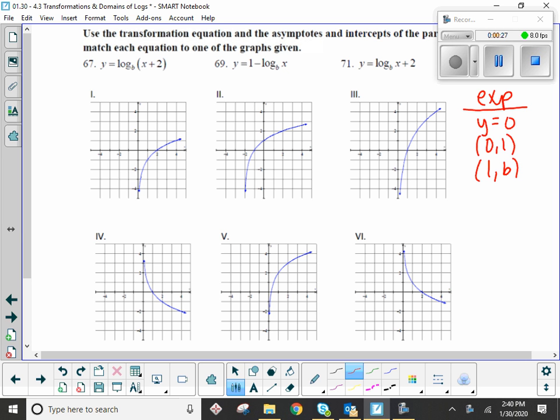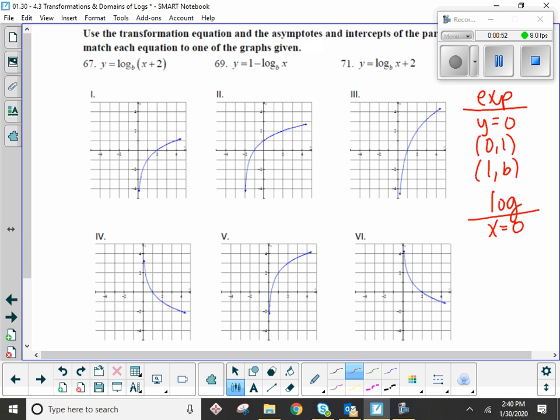And then I introduced log graphs, and I said logs and exponentials were what of each other? Inverses, right? Opposites. And so that means you take the x and y and you flip them. So for log, instead of an asymptote at y equals 0, where's the asymptote? X equals 0. And it's a vertical instead of a horizontal.